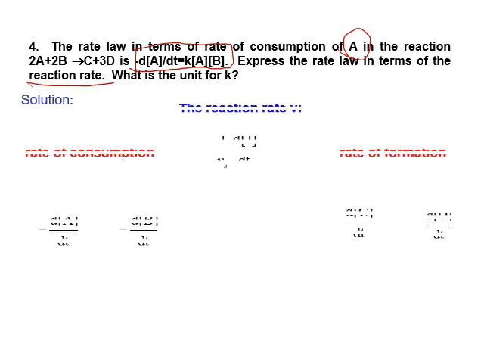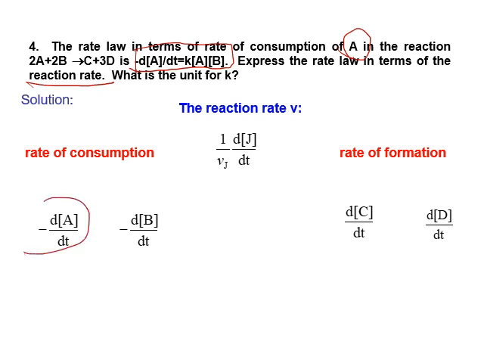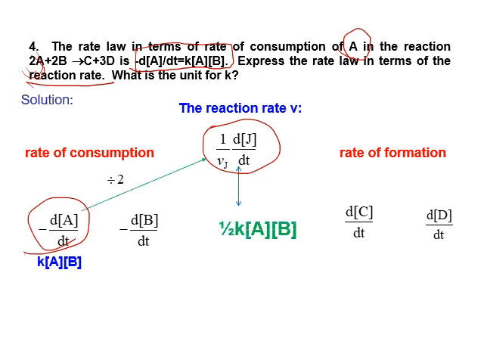The relation is the same. You know the individual rate, in this case A. You want to calculate the reaction rate. So here you divide by the coefficient. For A, the coefficient is 2, and therefore you divide by 2. And that gives you the reaction rate is half k A B.